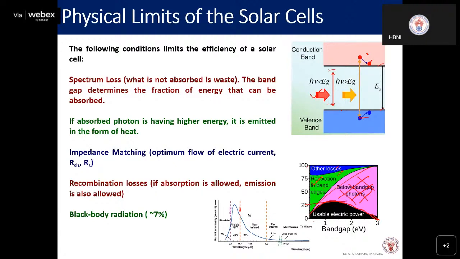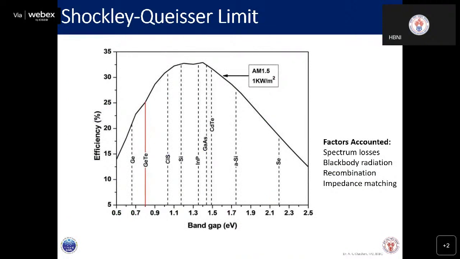So Shockley and Queisser calculated the limit for different materials by considering all the losses. In the case of silicon, we can have nearly this much maximum efficiency. For gallium arsenide, we can have this much efficiency.